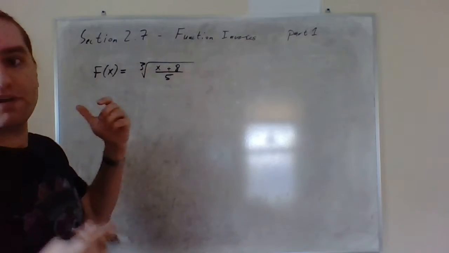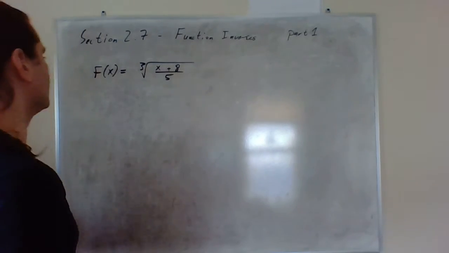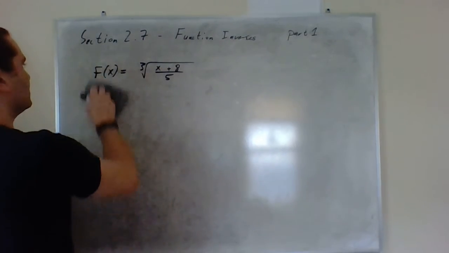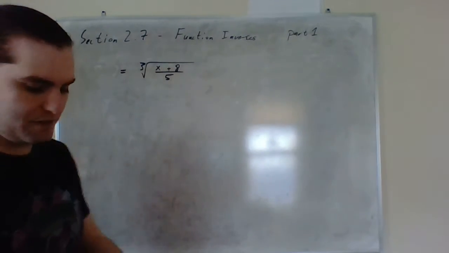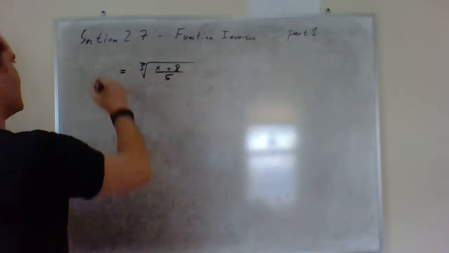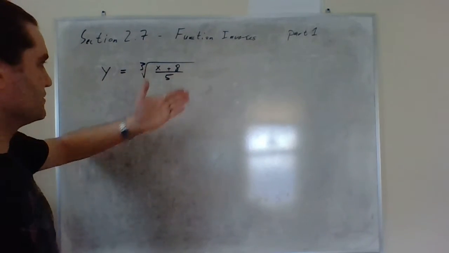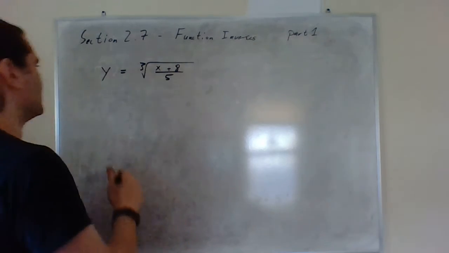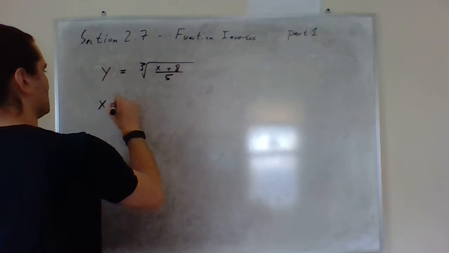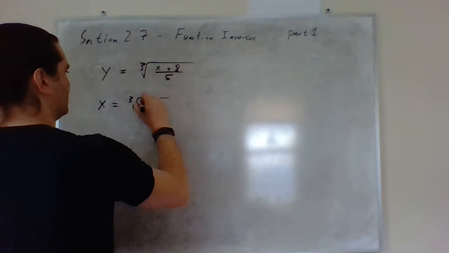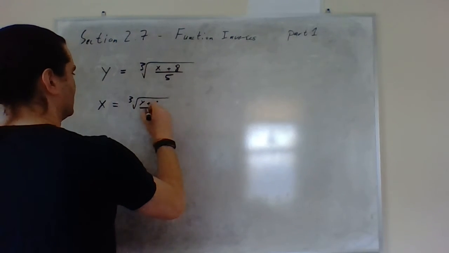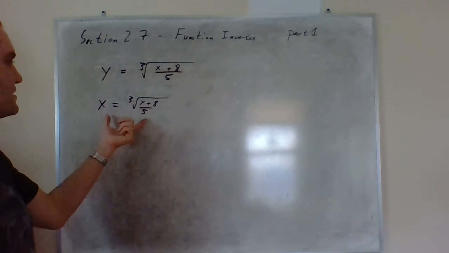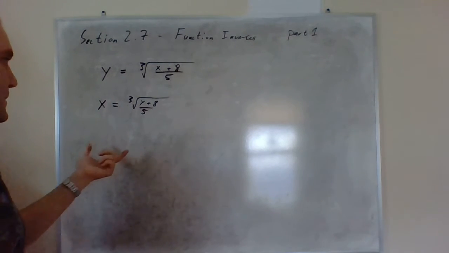The way that the book suggests that you find function inverses is, if you start with the function that we want to play with, y equals some function of x, the book's suggestion for finding an inverse is switch x and y and then solve this equation for y.